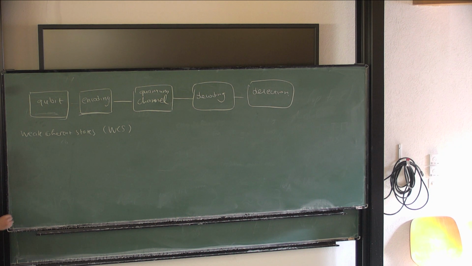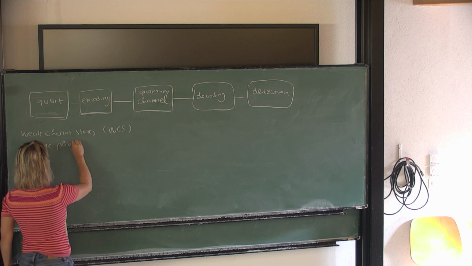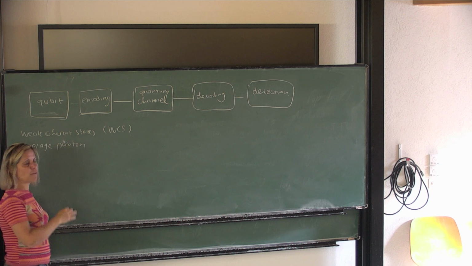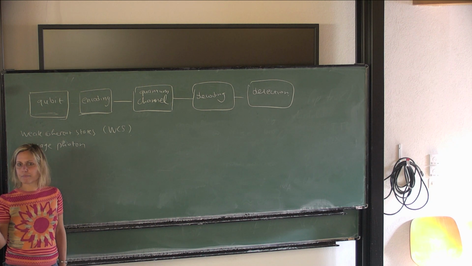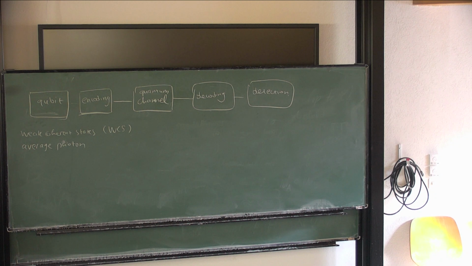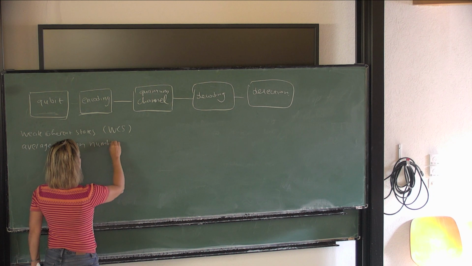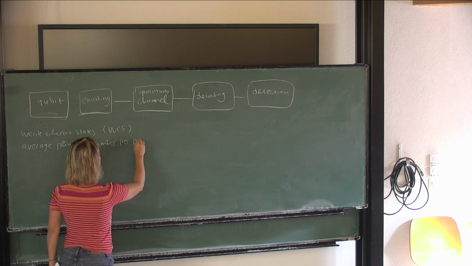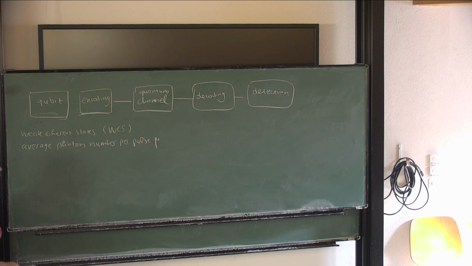So in the next, I don't know how much time, I'll be talking a lot about the average photon number per pulse, because obviously if you have a perfect single photon pulse, you don't have this quantity, right? It's always one. Again, you don't have to worry about that. But when you have these weak coherent states, a quantity that is super important is this one, that we typically write with a Greek letter mu.